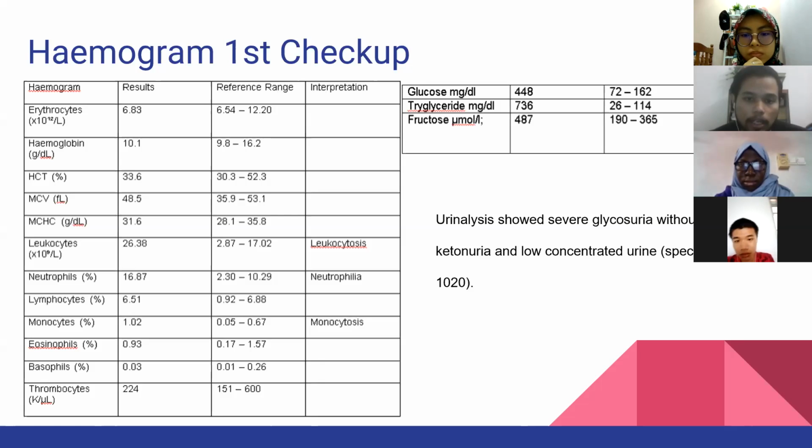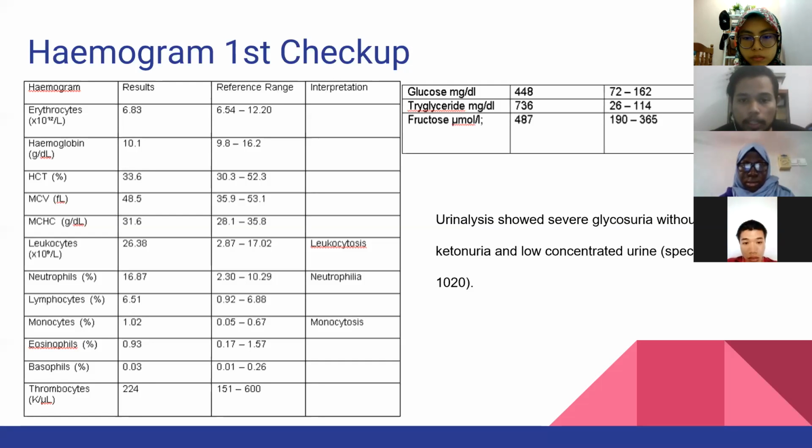glycosuria and high ketonuria. So we can say that this cat might have diabetic ketoacidosis because the glucose and the ketone are remarkably high. The cat also has a low urine specific gravity, which is actually not normal, because if these cats have a high glucose level, the urine specific gravity should be higher than 1030.